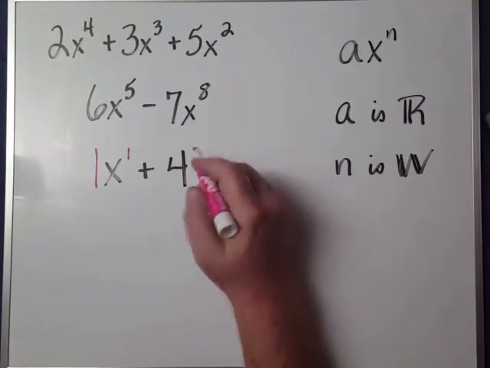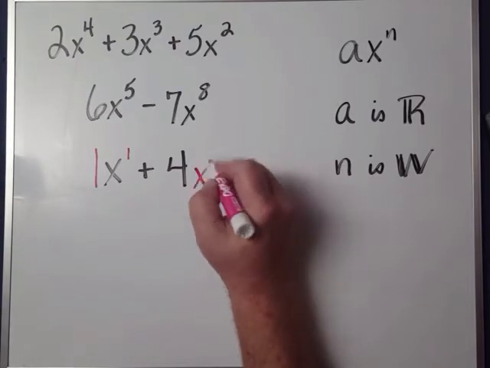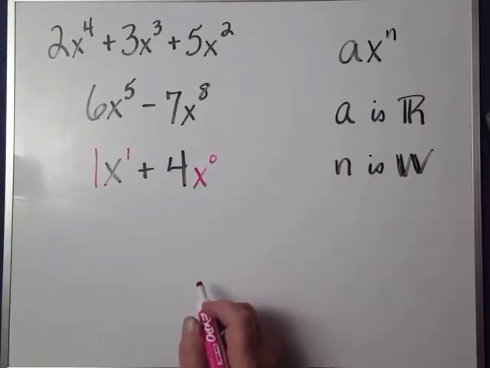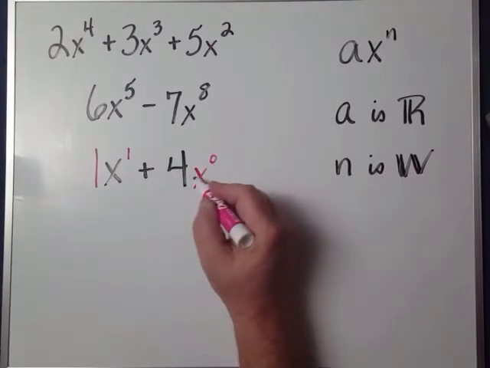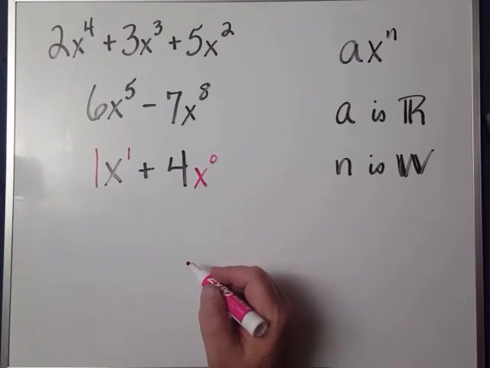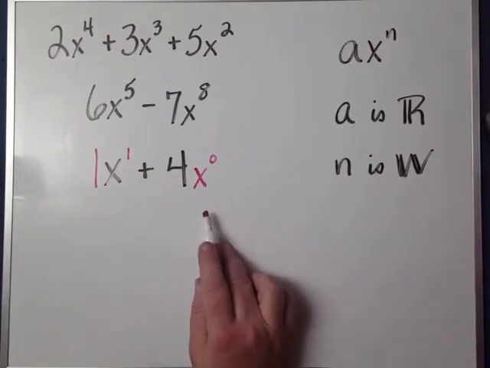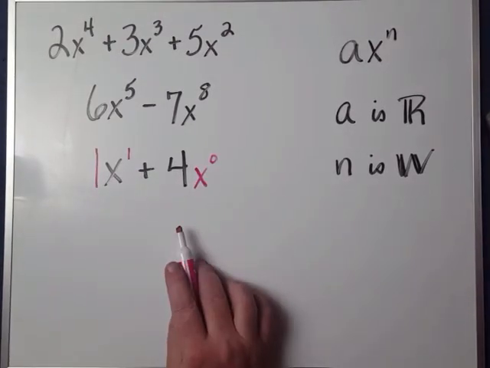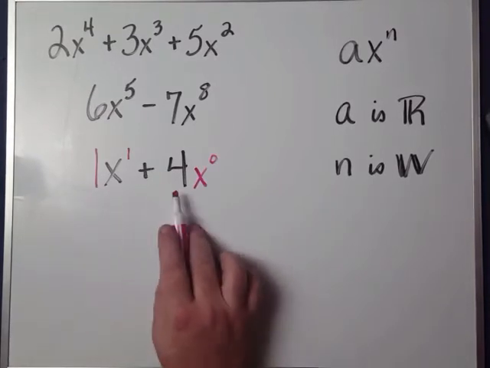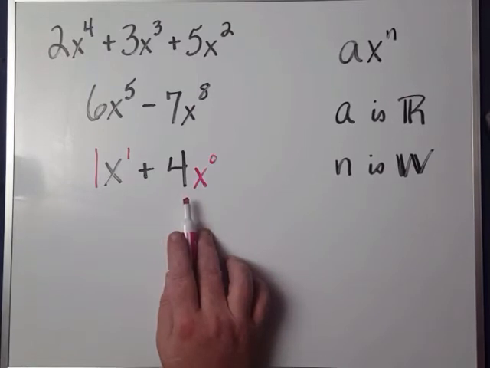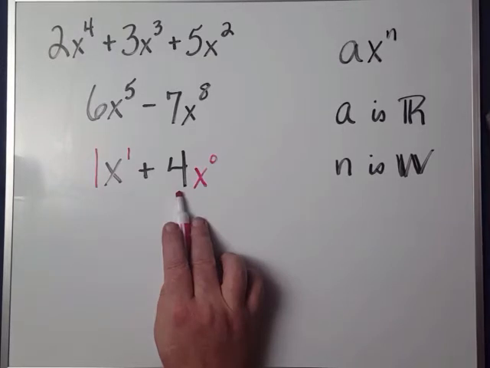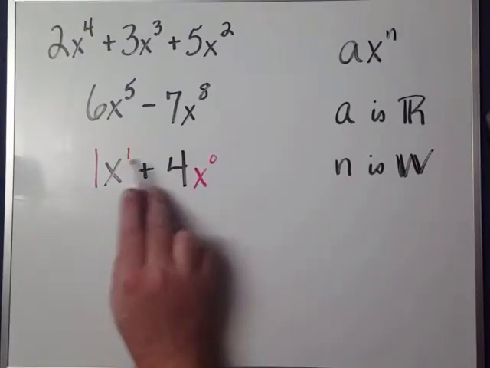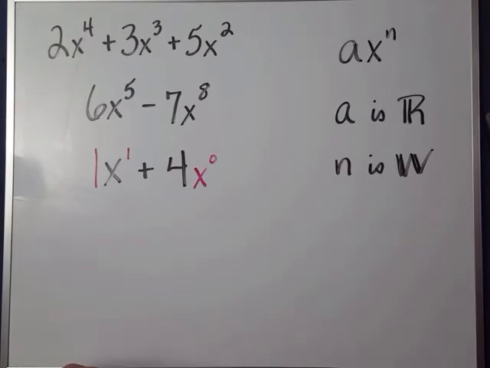So can't I write that this is 4 times x to the 0 power? X to the 0 is 1, and 4 times 1 is just itself. So there are a lot of 1's that you can't see. But in the final analysis, yes, x plus 4 is a polynomial because it's two terms, and in each term the coefficient, this 1 and that 4, are real numbers, and the powers, that 1 and that 0, are whole numbers.